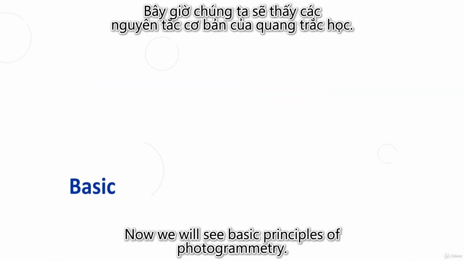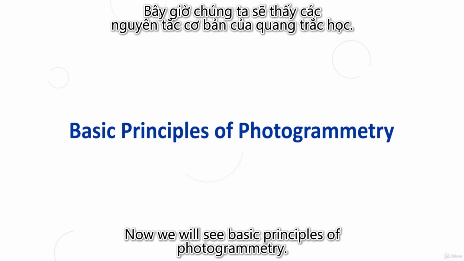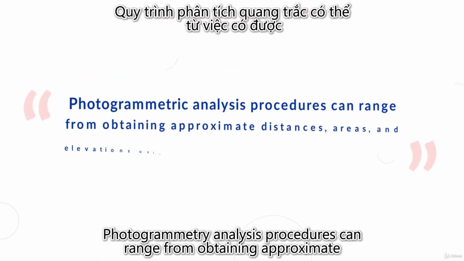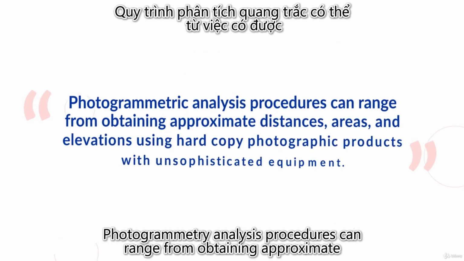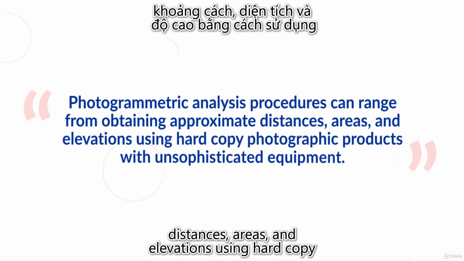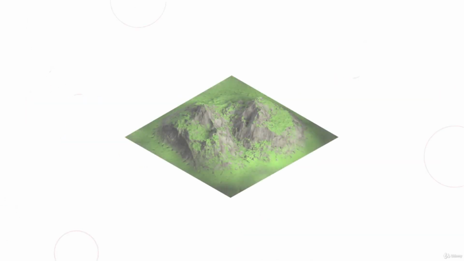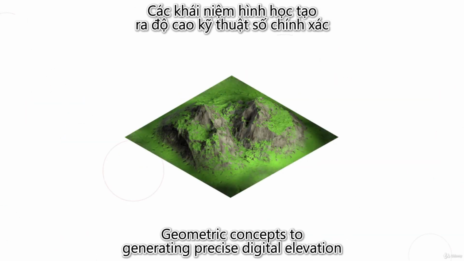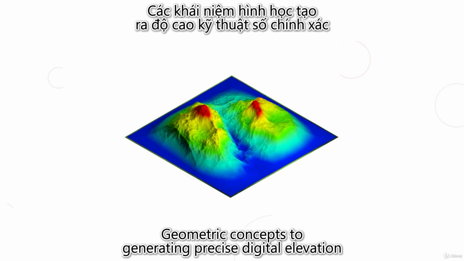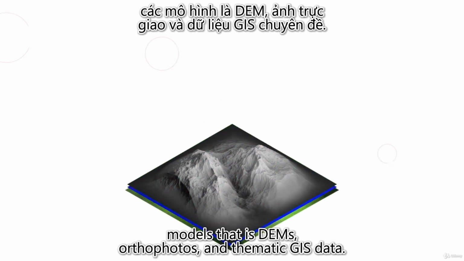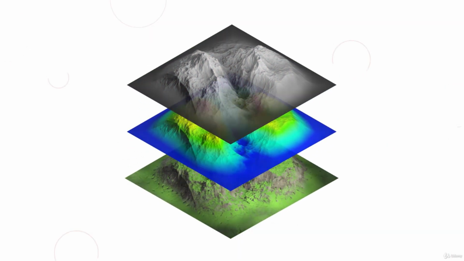Now we will see the basic principles of photogrammetry. Photogrammetry analysis procedures can range from obtaining approximate distances, areas and elevations using hard copy photographic products with unsophisticated equipment and geometric concepts, to generating precise digital elevation models, that is DEMs, orthophotos and thematic GIS data.